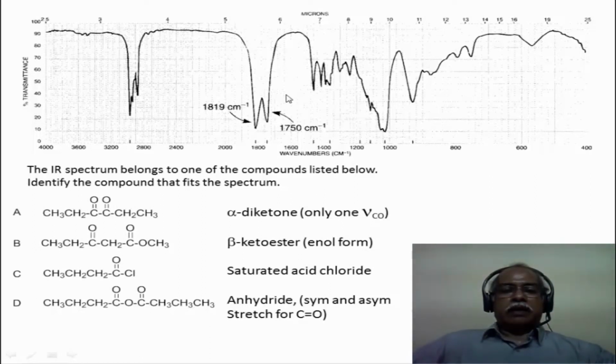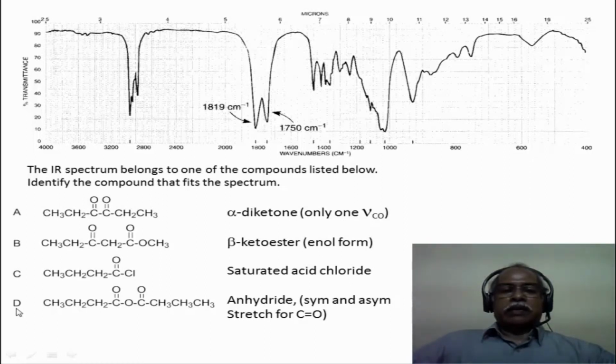Remember, the anhydride gives two stretching frequencies, one corresponding to the symmetric, the other corresponding to the asymmetric stretching frequency. So, when you see a band like this around the 1800-1750 region, definitely it is because of an anhydride. So, one can straight away rule out the possibility of A, B and C for the spectrum.